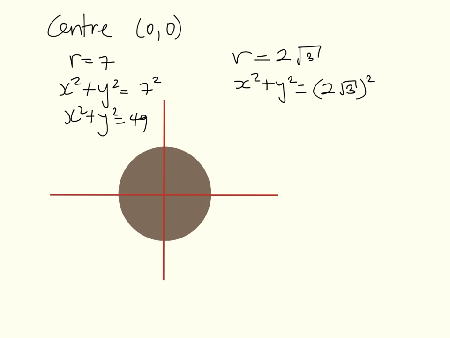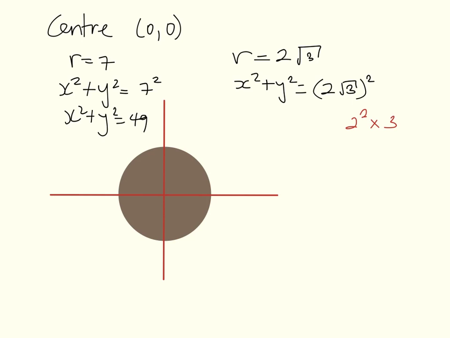This becomes 2 squared multiplied by the square of root 3. Now, if you square a square root, the square root disappears.